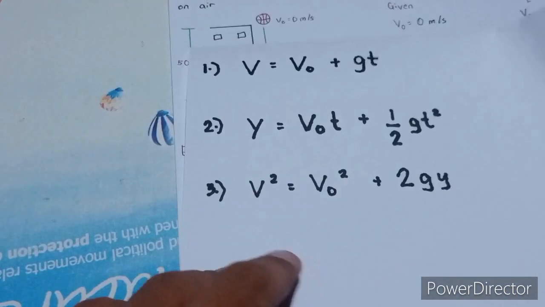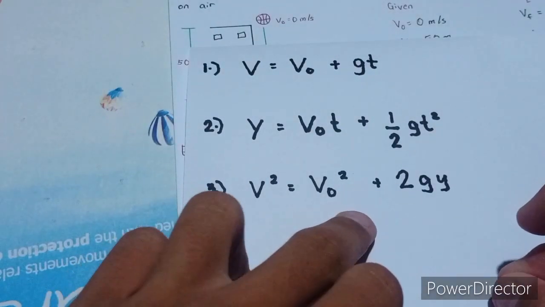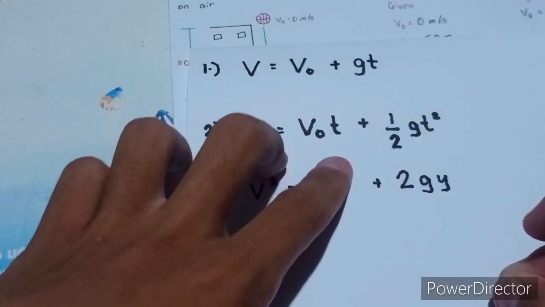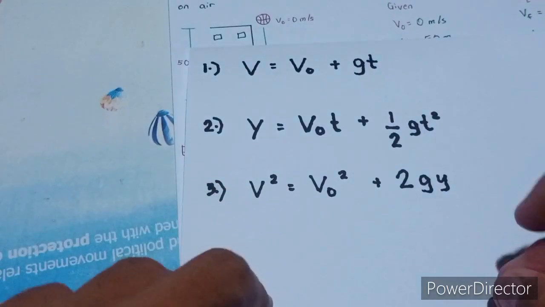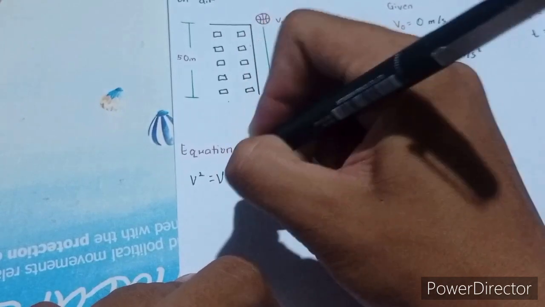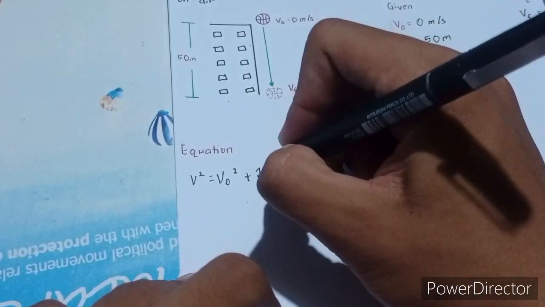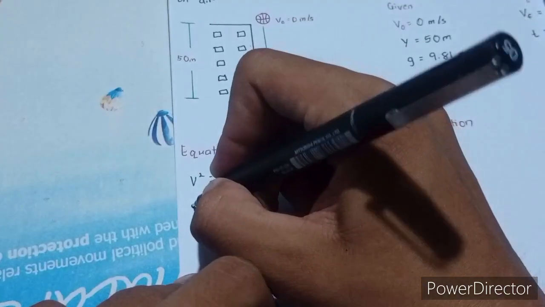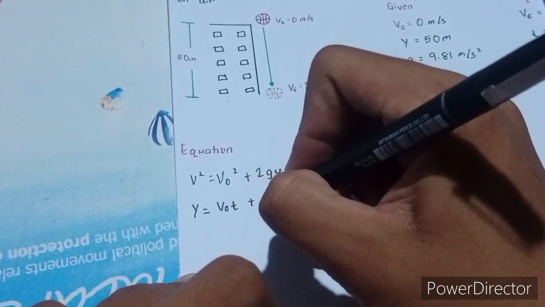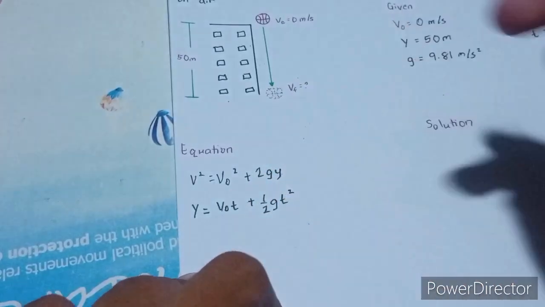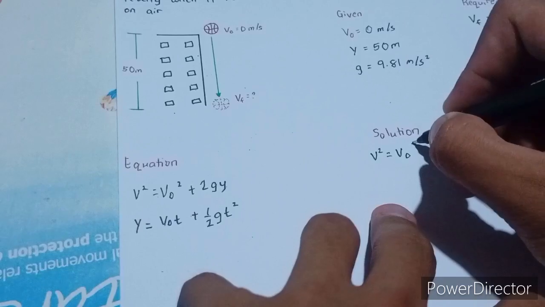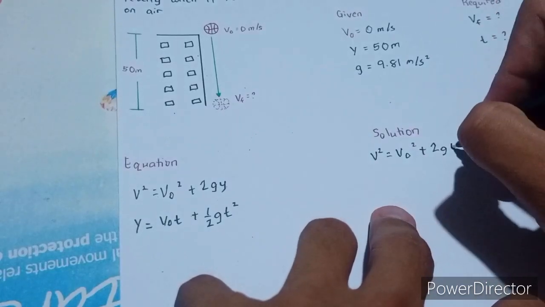For the equations, we can use v² = Vo² + 2gy to get the value of the final velocity, and y = Vot + 1/2 gt² for the value of t. For the solution, v² = Vo² + 2gy.